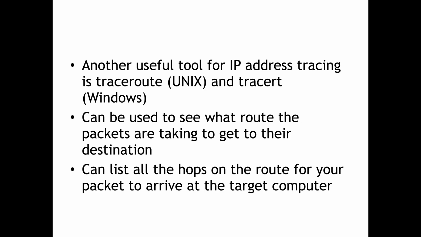The reason being that we can use that to find the route packets have taken. And while there is no hard and fast rule that says packets have to take the same route every time, they will tend to. So this may provide us with a certain amount of information. You're able to list what we call the hops, or every server or every appliance through which your packets pass on their way to another computer.